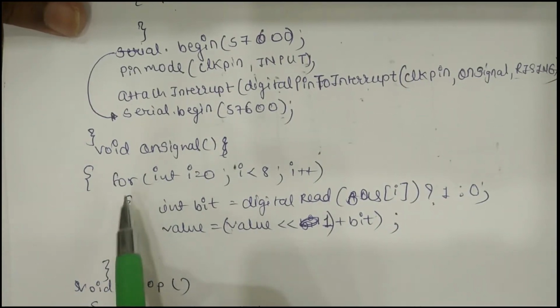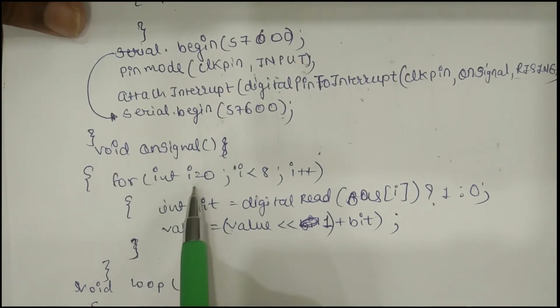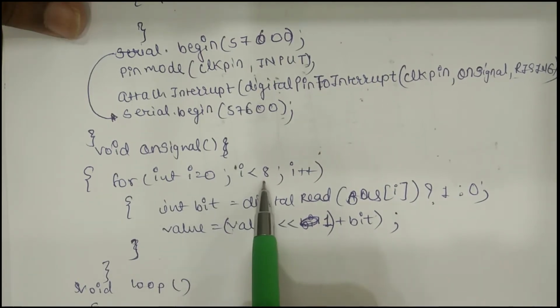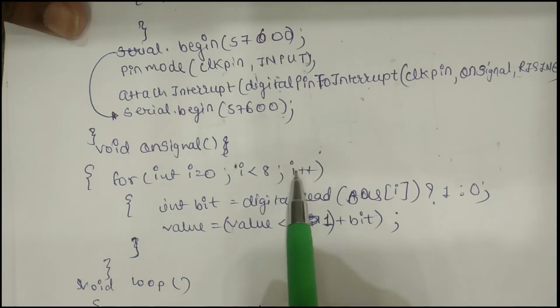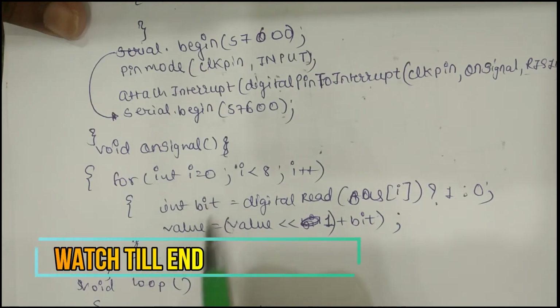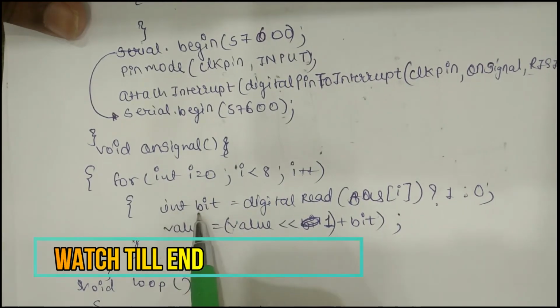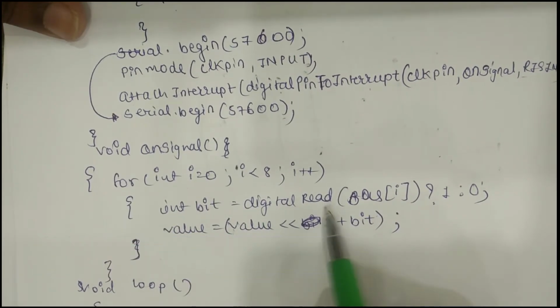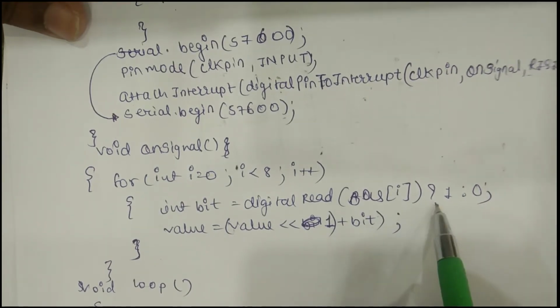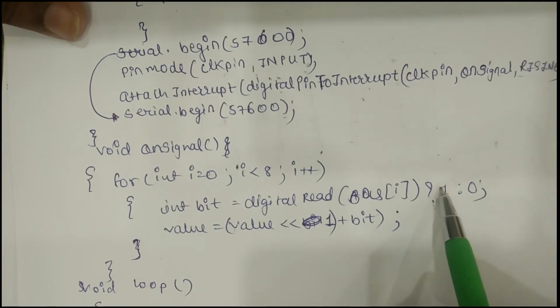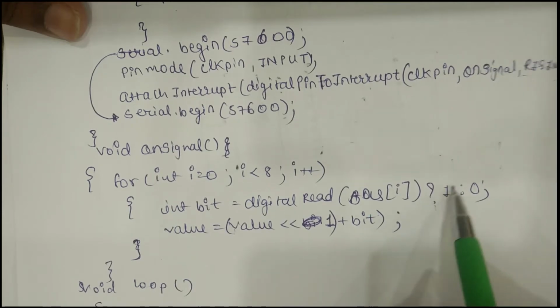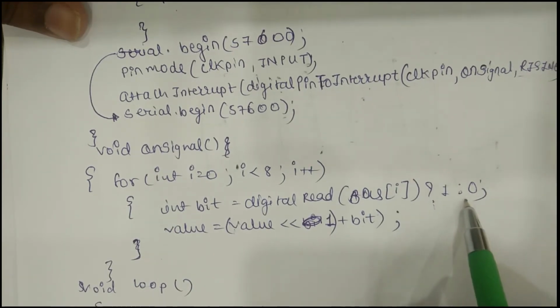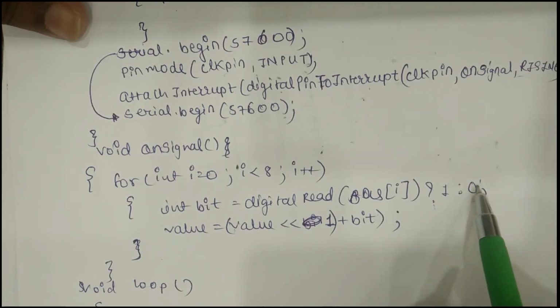Here we will do a loop from i equal to 0 to i less than 8, increasing the value of i after each iteration. So the bit is equal to digitalRead of bus[i], and we check if it is high, then consider it as 1, if it is low then consider it as 0.